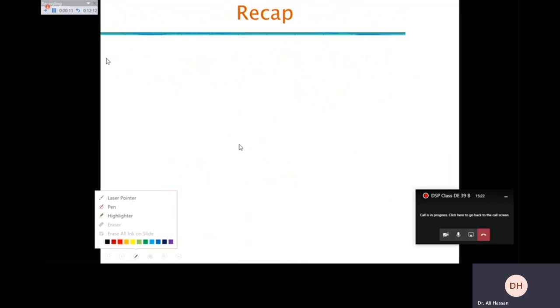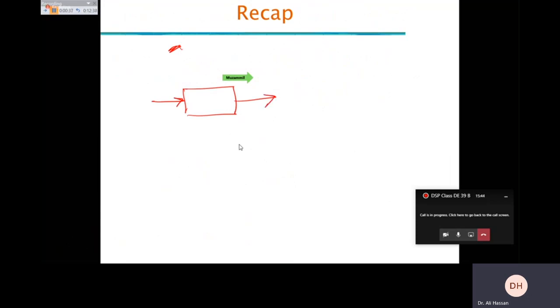So we have this input, this is output, this is h of n, the impulse response, and we know the relationship between y, h, and x, and the relationship is of convolution, that y of n you can find by convolving x of n with h of n.